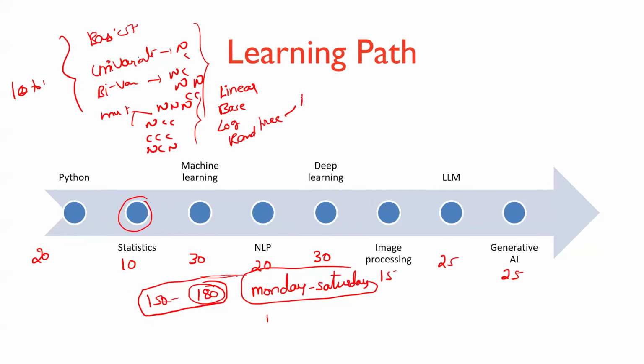Tree-based models means random forest, gradient boosting, XGBoost, LightGBM, ensemble learning. Also decision trees, KNN, clustering, and recommendation engines, content-based recommendation, like these things.